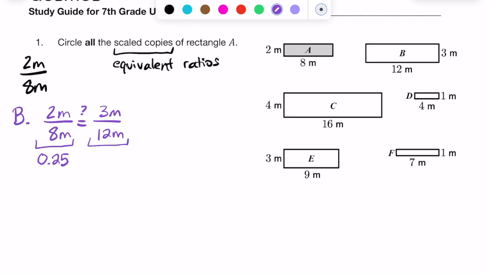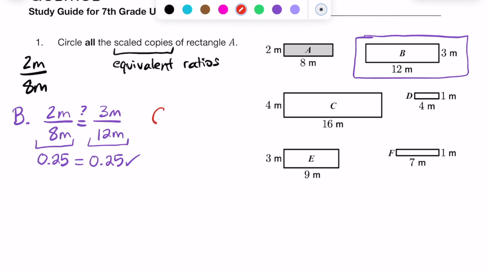And this is also going to simplify to 25 hundredths, or 0.25, or 1/4. So yes, those are equivalent ratios. So B is going to be a scaled copy, and the scale factor would be 1.5. 2 times 1.5 is 3, and 8 times 1.5 is 12. But you don't need to do that for this problem.